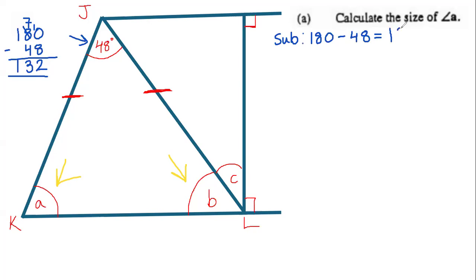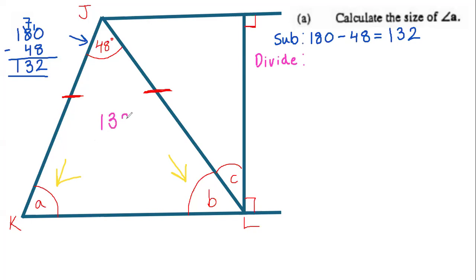But are we done? After we get to 132, are we finished? No. What we have to do is divide by 2. Why are we dividing by 2? Because if we keep the 132, it won't be the same, because B wouldn't have a number in it.